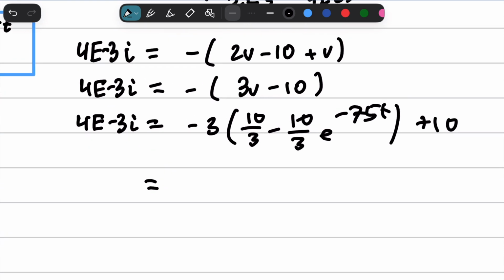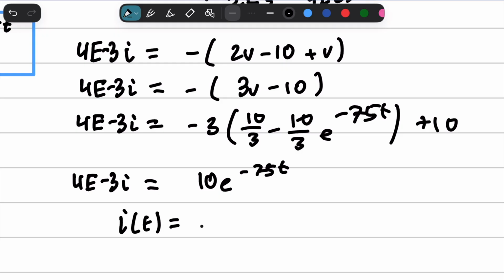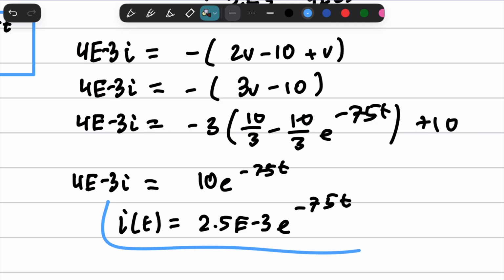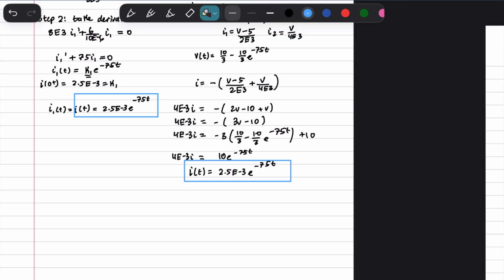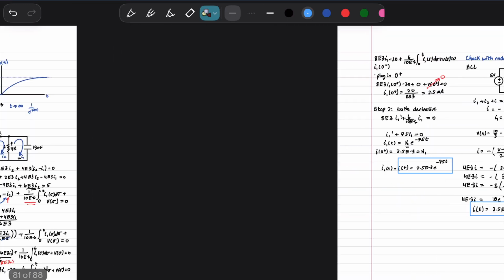So we've got right here 10e negative 75t over 4e negative 3, and so I of t is equal to 2.5e negative 3 e negative 75t. And there we go. We successfully checked our answer.